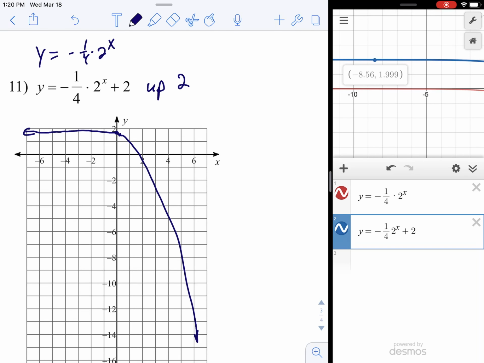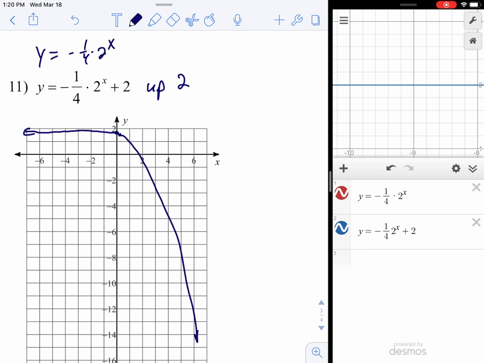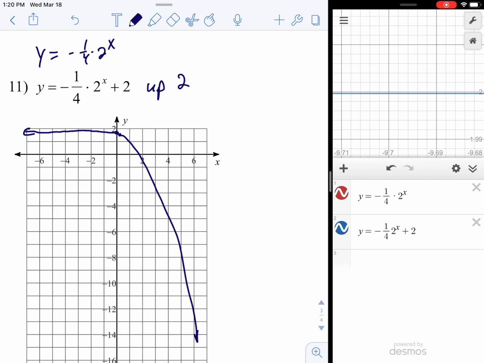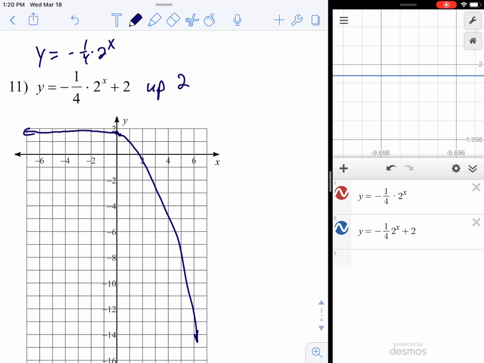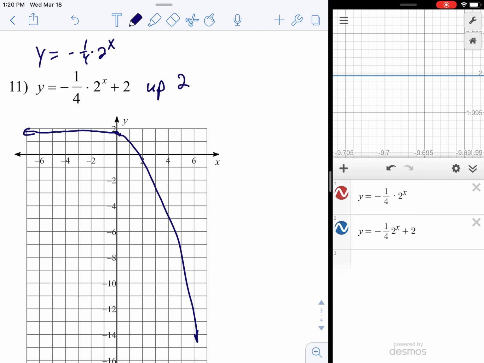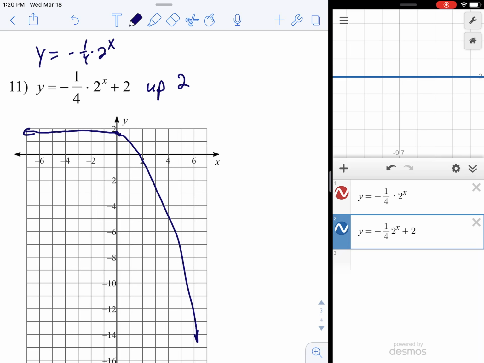Eventually it does turn into a 2, and I told you it never actually touches the asymptote. The calculator actually makes it a 2 because at some point it has to round off. But if I zoom in here, eventually you'll see there is a space between the line and the 2. So if it ever actually turns into, in this case, a 2, it's just because it rounded off.